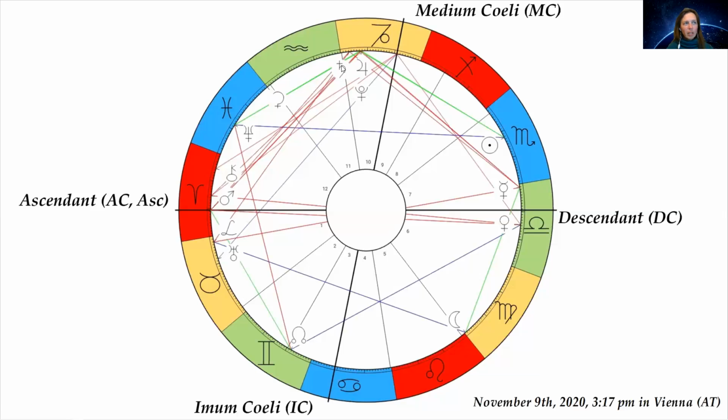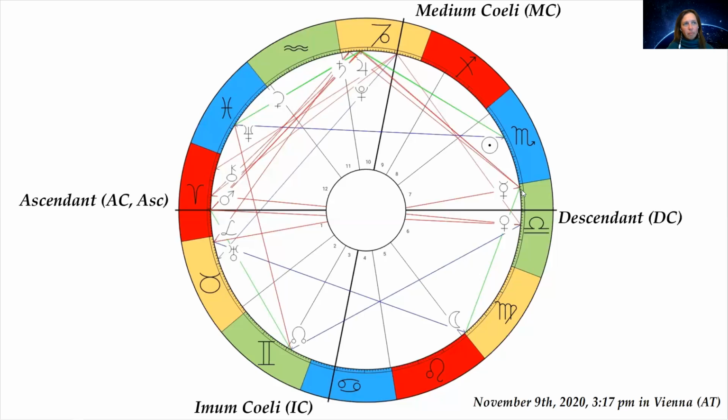The aspects are actually showing what relationship the planets have with each other. What we have here that's pretty obvious is Moon being at an angle of 60 degrees with Mercury here. We'll see the symbols a little bit later.